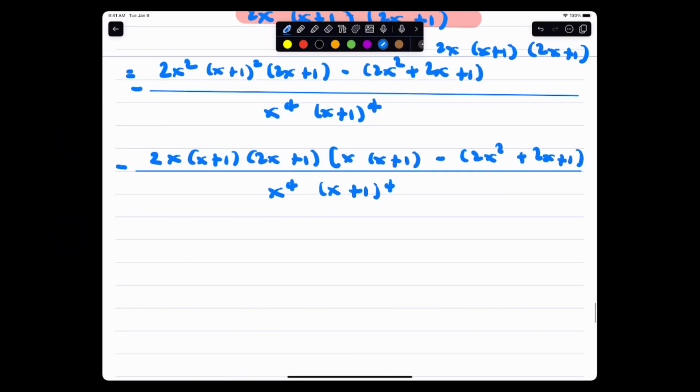So this is where you'll do some more algebra right in here. And that portion will be x squared plus x. So distribute here. Minus 2x squared minus 2x minus 1.